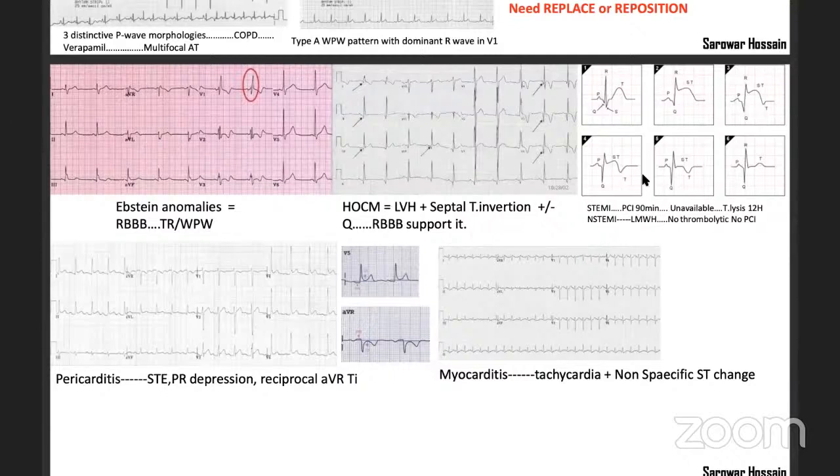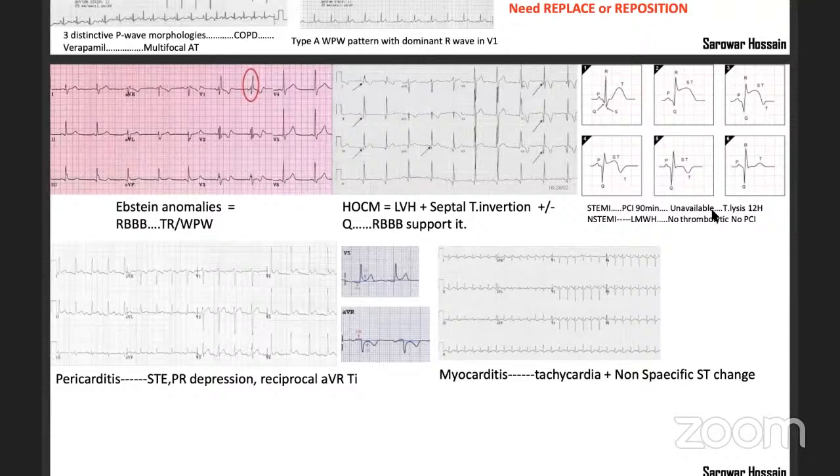Then this is STEMI. As you can see here, ST elevation is there in this lead, and this is also ST elevation. This is T wave inversion. This is normalization. Now PCI within 12 hours, door to balloon 90 minutes.